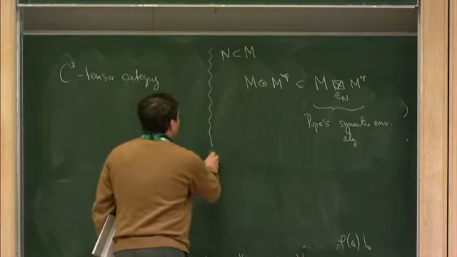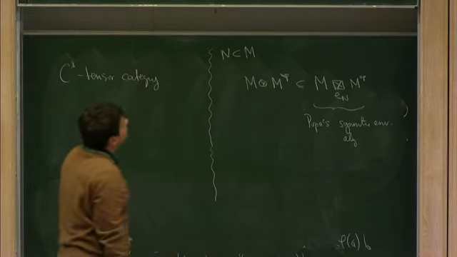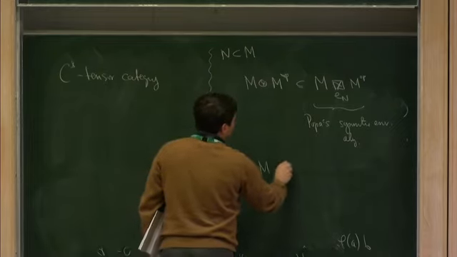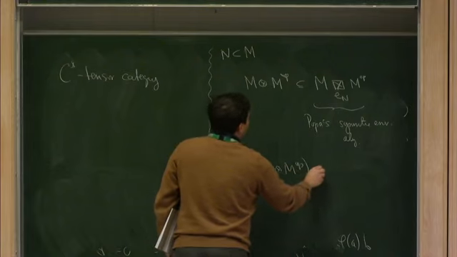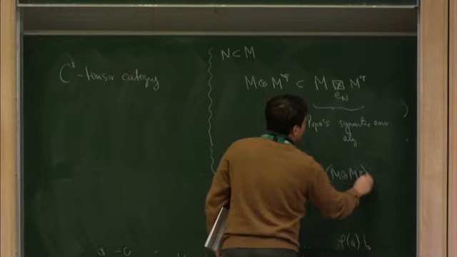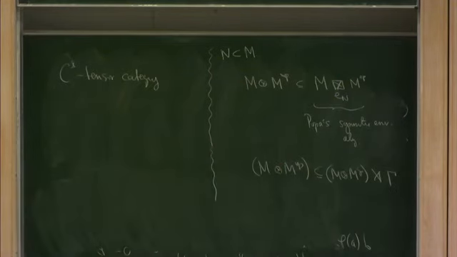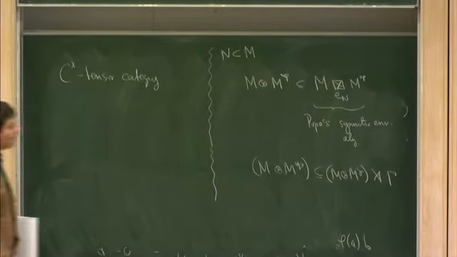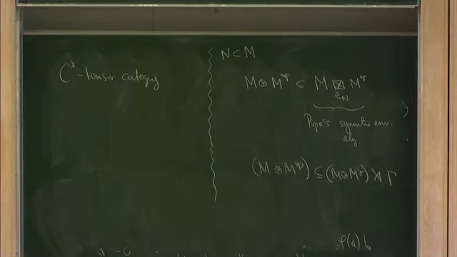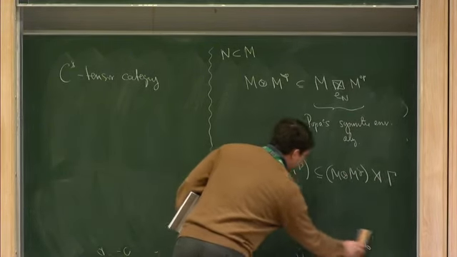Here, however, for the subfactor inclusion that comes from the group, this will be of the form M tensor M op into M tensor M op cross product gamma. So it will be a cross product type inclusion. So there are these two different ways of seeing the group appearing in this context.